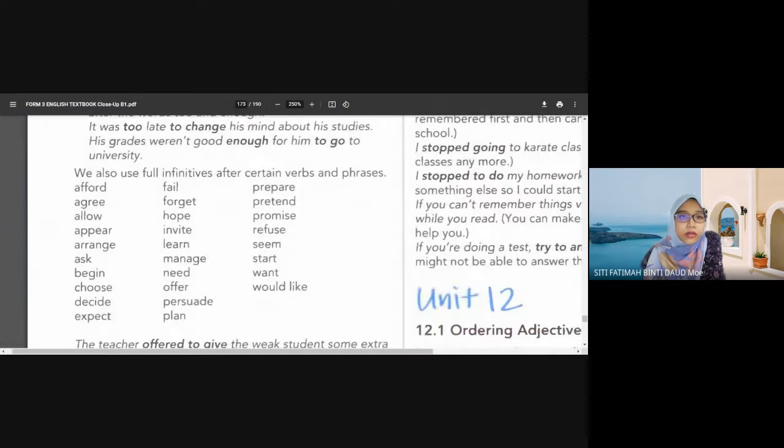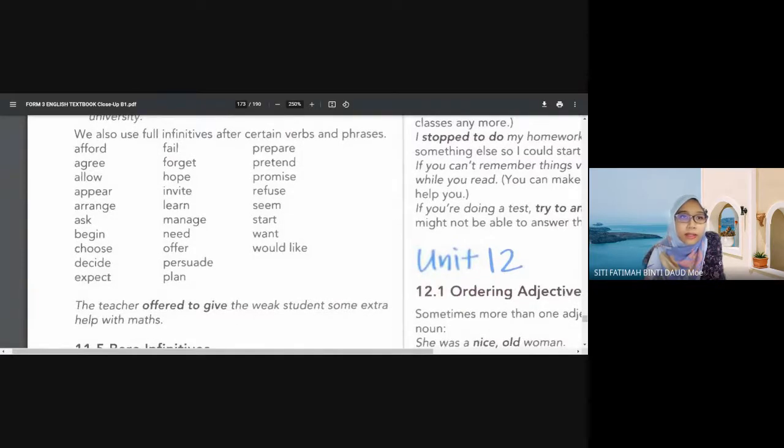Okay, and then also after these verbs and phrases: avoid, agree, allow, appear, arrange, ask, begin, choose, decide, expect, fail, forget, hope, invite, learn, manage, need, offer, persuade, plan, prepare, pretend, promise, refuse, seem, start, want, and would like.